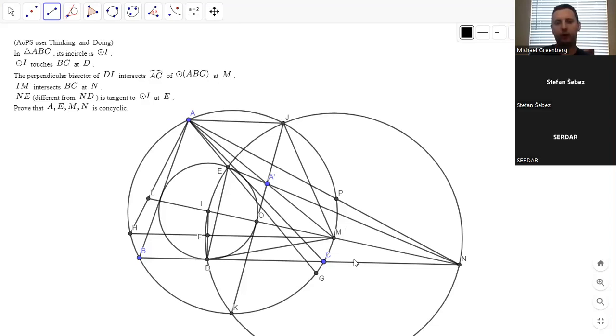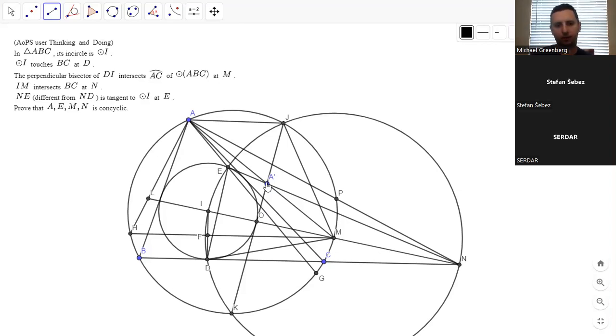So that would show that MA prime times MA is MJ squared. Wait, did I just solve the problem? I don't think it should be that easy. Yeah, it looks really easy. Actually, we know M is the midpoint, so isn't it obvious? MA prime times MA equals MJ squared.